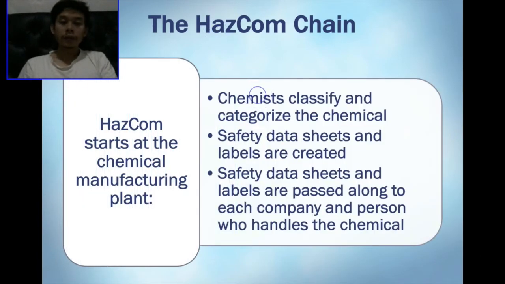Hazard communication begins at a chemical manufacturing plant. Chemicals are classified and categorized based on the hazard. From this information, the chemical's GHS-style safety data sheet and label are created.